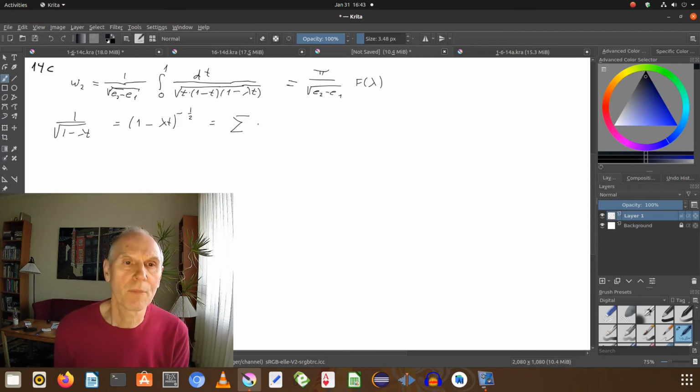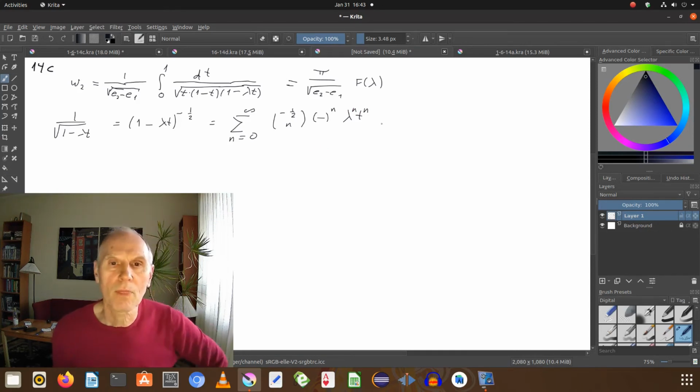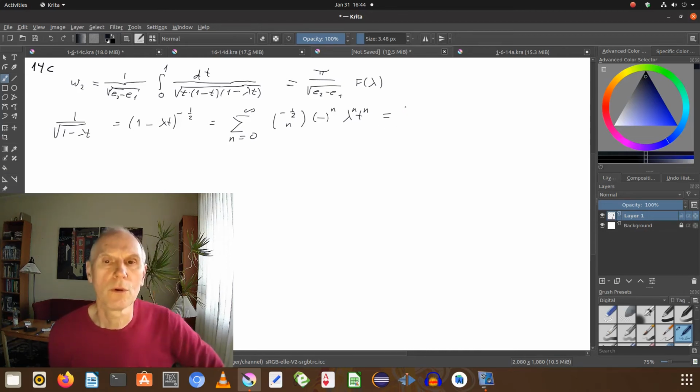It's minus a half over n, minus to the nth lambda to the nth t to the nth. Isn't that so?